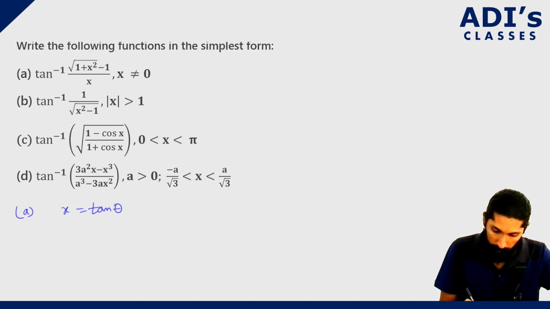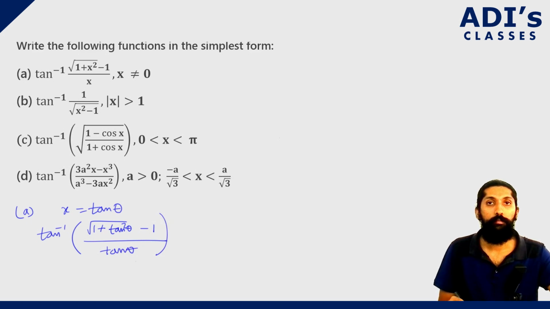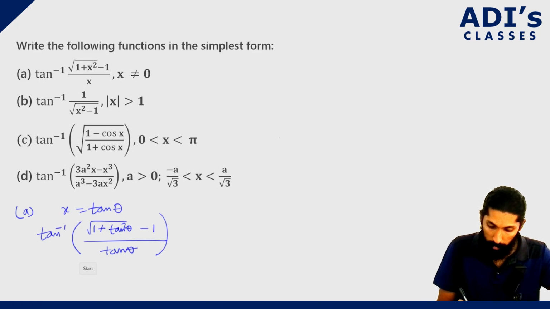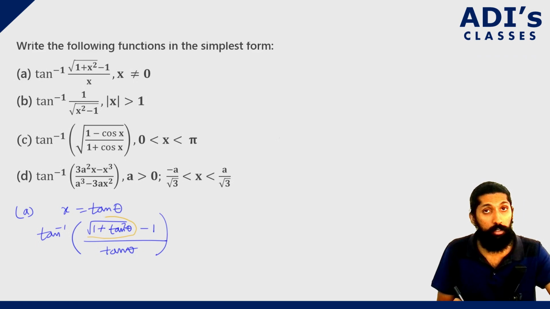So you'll get tan inverse of root of 1 plus tan square theta minus 1 divided by tan theta. Correct? Inside the root, this part is going to become secant theta.